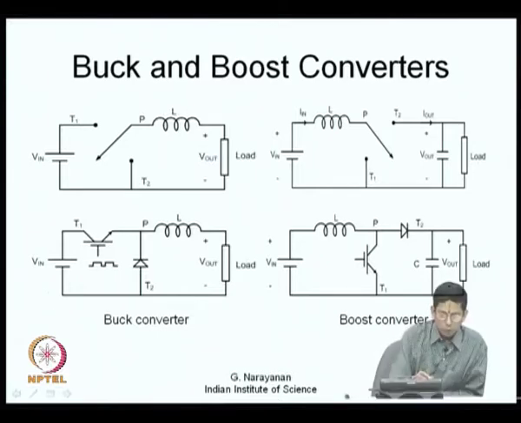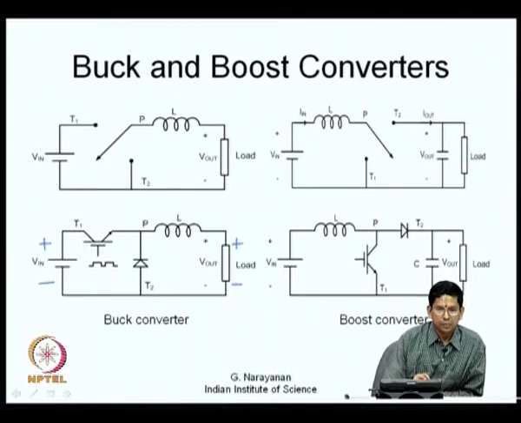You have the source V in, and the instantaneous voltage and the average voltage are just equal here. What you have is V in. Then across the load you have an average voltage V out, with this polarity, and V out is less than V in. So, a certain amount of average voltage is dropped somewhere.